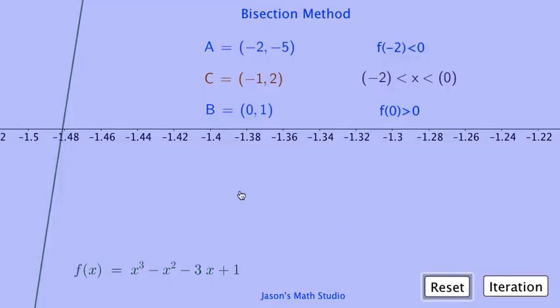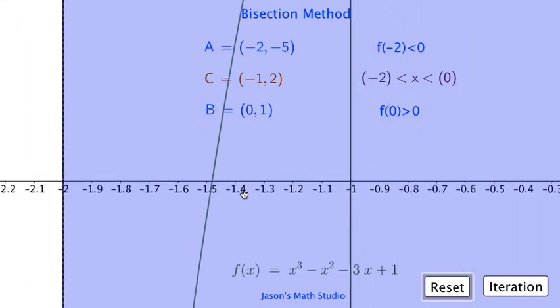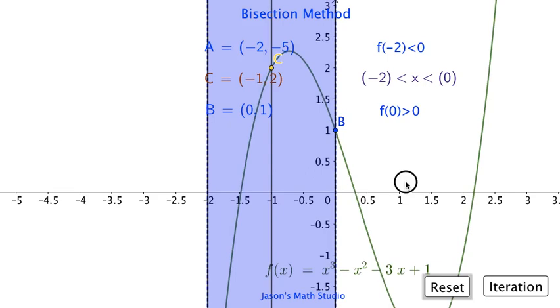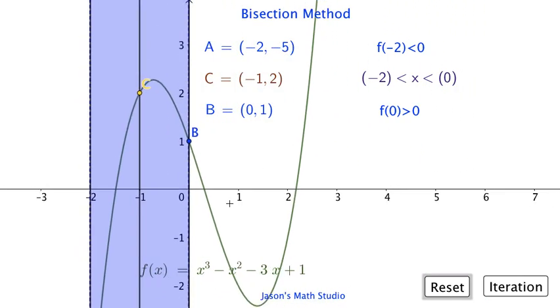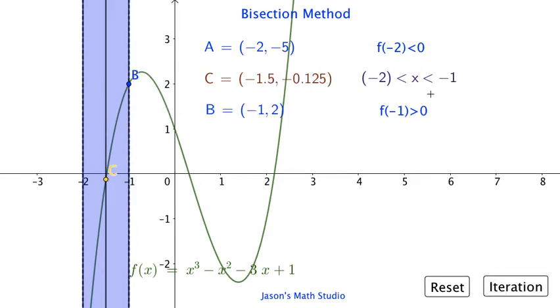So let's repeat this process again so you can understand it clearly. First, we find that the root is between negative 2 and 0, and we divide the interval in half, and we find that the root is between negative 2 and negative 1.